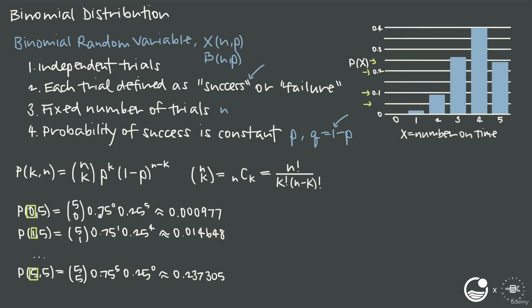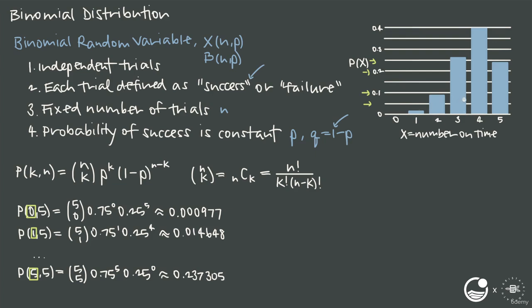But maybe in a different city, our chance that a driver arrives within 10 minutes is 60% or 90% or only 20%. Whatever value we have for that chance of success, of course, that is going to affect the shape of our distribution. So this distribution is unique to n equals 5 trials with a p equals 0.75 chance of success. But that is how we build the probability distribution.